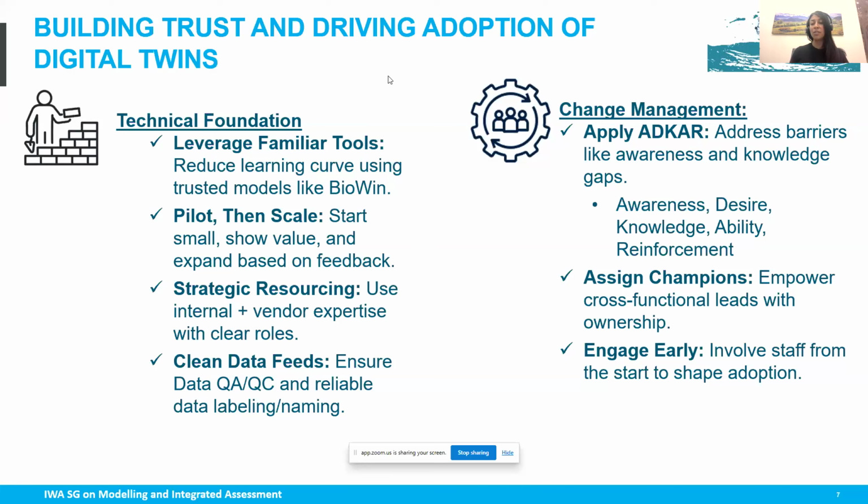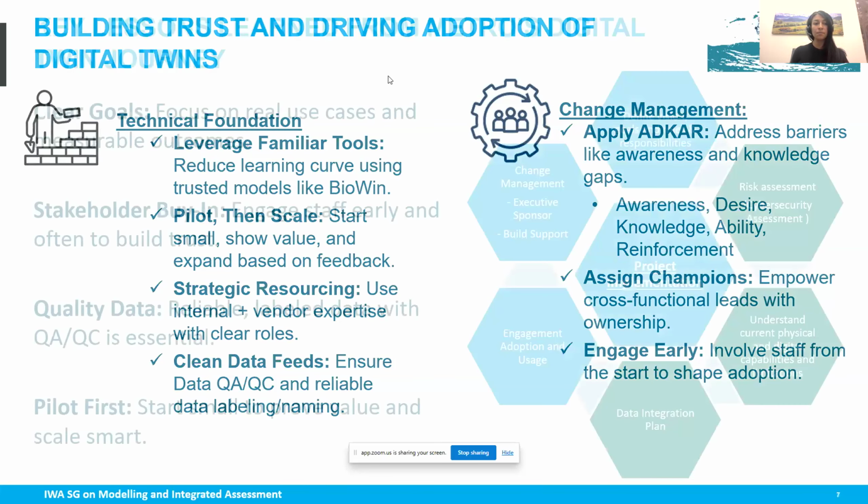We also assigned champions, so cross-functional leads from different departments so that everybody was informed and everybody had a say in the development of the digital twin. And again, as I mentioned before, we engaged all stakeholders early and we engaged them often to make sure that they were involved in shaping the adoption and development of the digital twin.